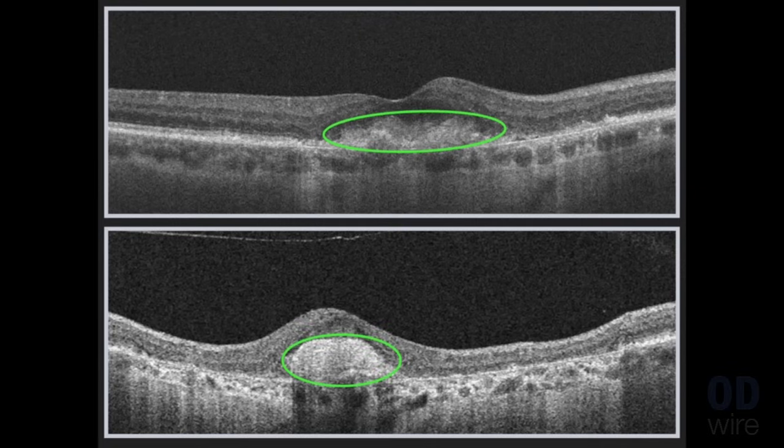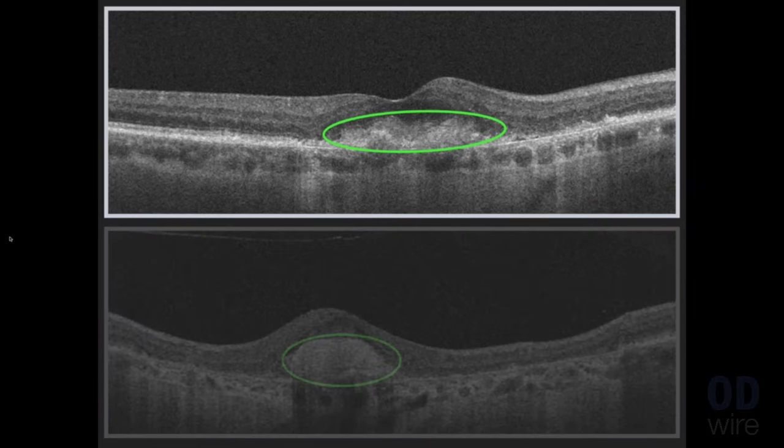As opposed to this area, which is also subretinal hyperreflective material but has a very different appearance in terms of pixel density. The pixels are much brighter and squished together. You can very clearly delineate the borders. This difference is very important because this determines relative activity. Let me explain.